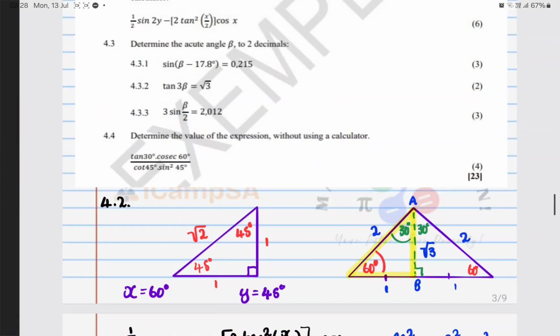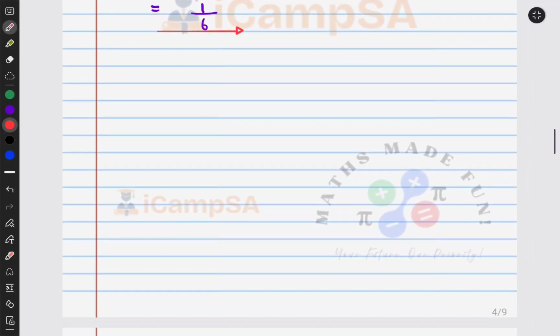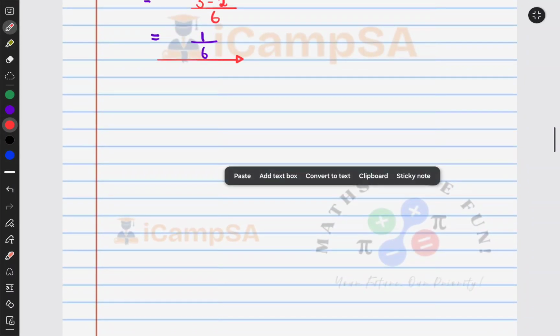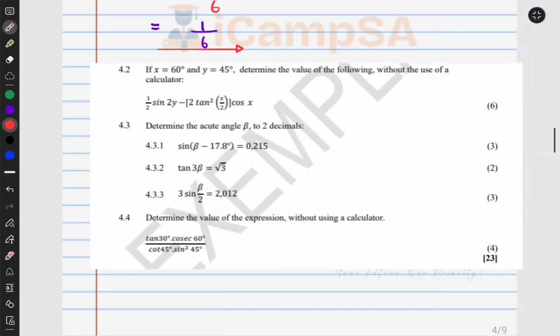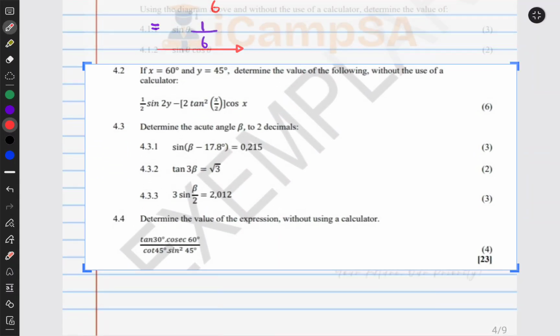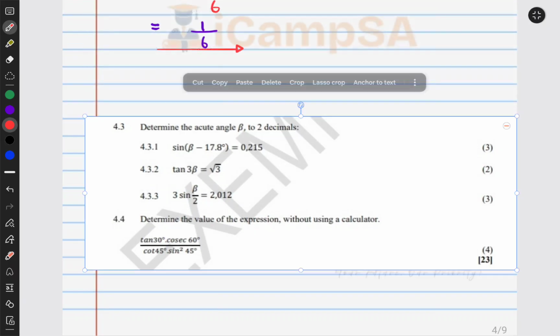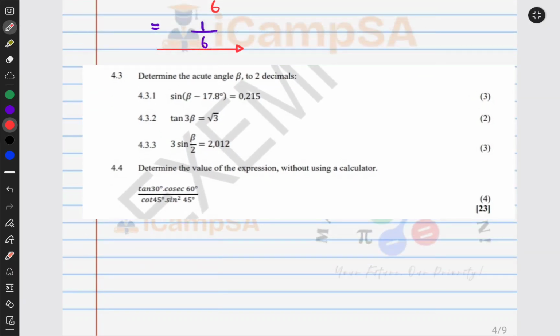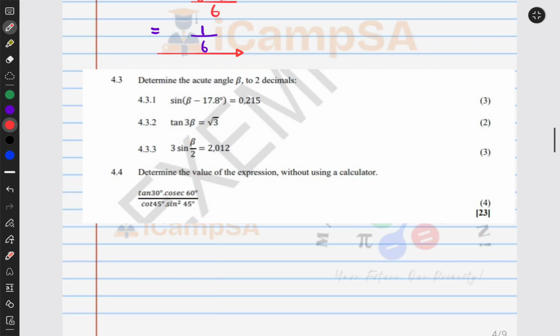So we are now in 4.3. Let's put the page here. We have just done 4.2, and now we are in 4.3. So 4.3, determine the acute angle beta to 2 decimal places. An acute angle is an angle that is less than 90 degrees.